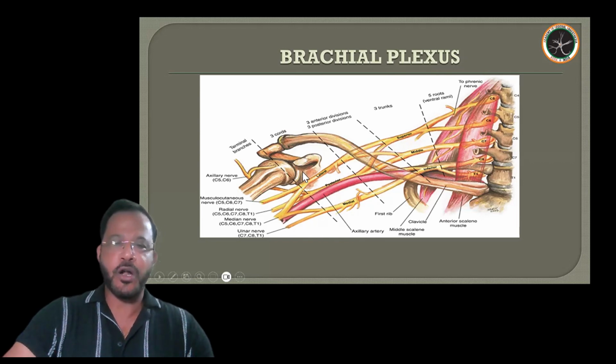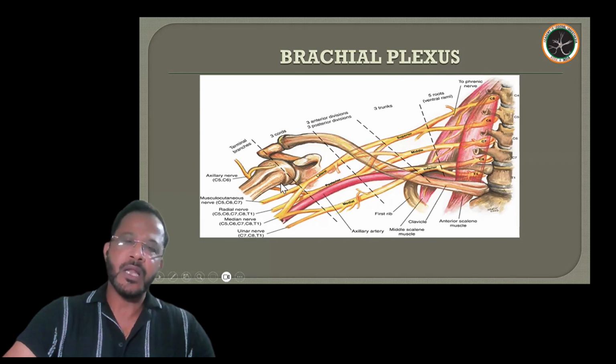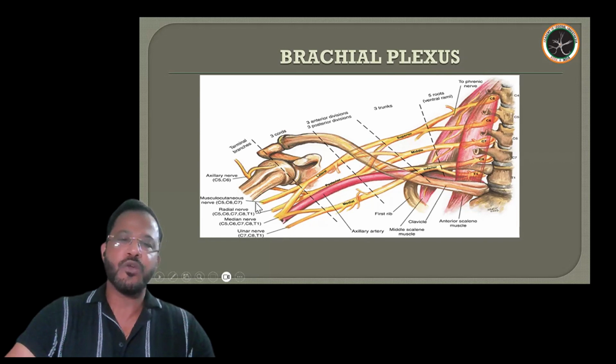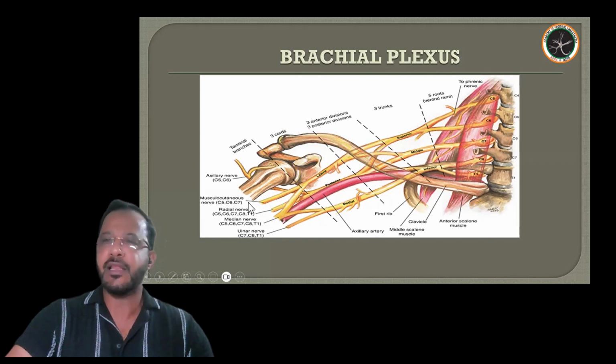At the lateral border of the pectoralis minor, the terminal branches come out. The three terminal branches, that is the radial nerve, the median nerve, and the ulnar nerve, remain with the artery in the neurovascular bundle, but the musculocutaneous nerve leaves the neurovascular bundle to insert into the coracobrachialis muscle.